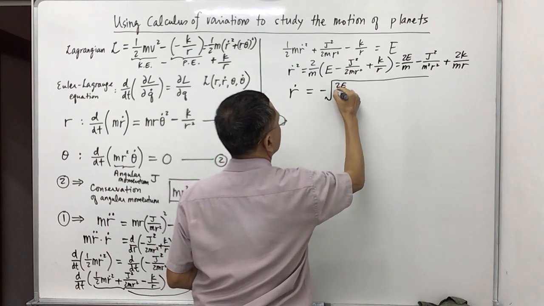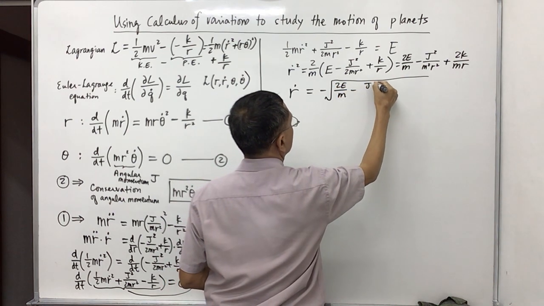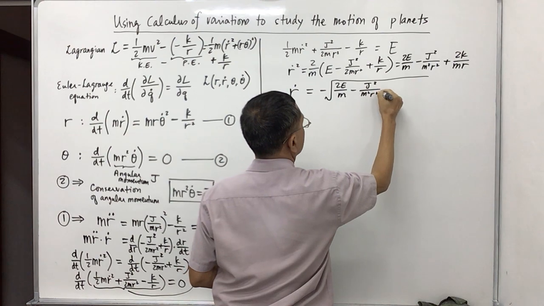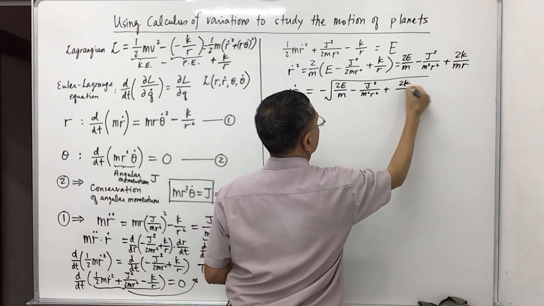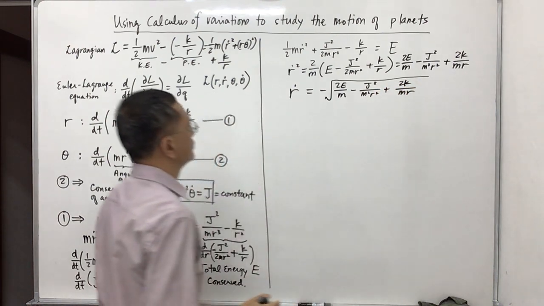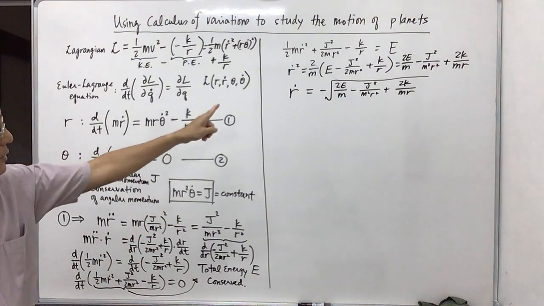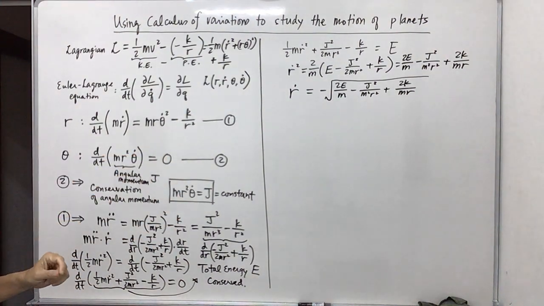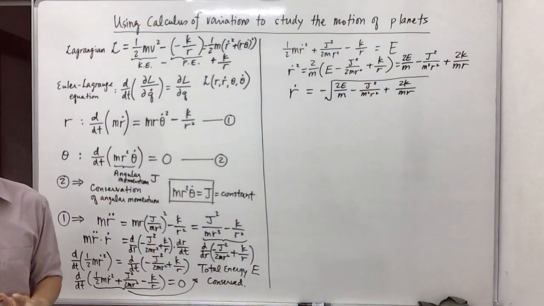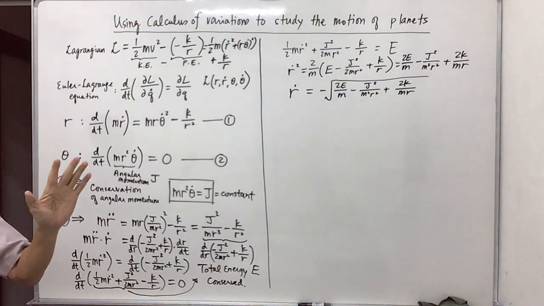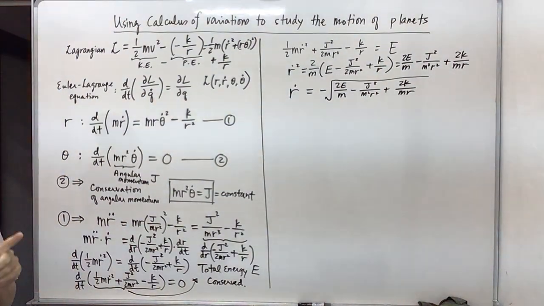This whole block, 2E over m minus j squared over m squared r squared plus 2k over mr. And then here comes the same old little trick. Remember, this is dr dt. Now what is dr dt? dr dt is dr d theta times d theta dt.